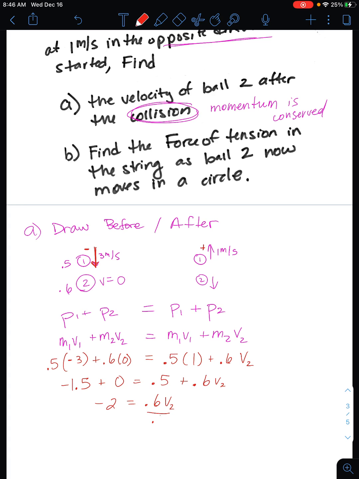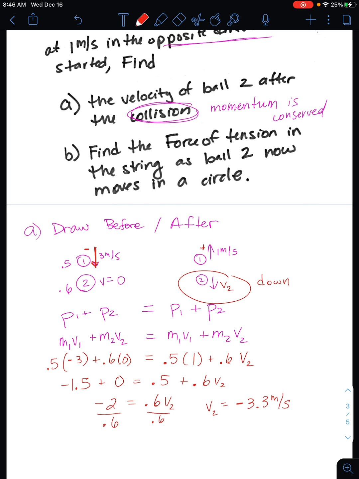And so looks like I'm going to get a negative velocity because negative is in that downward direction, and that's what I was expecting, for v2 to be moving downward, and downward is indicated with that negative sign. So v2 is going to be equal to 2 divided by 0.6, so it's going to be negative, because it's downwards, 3.3 meters per second.